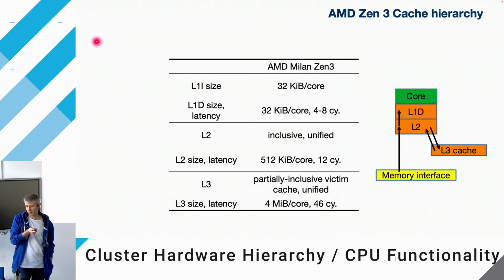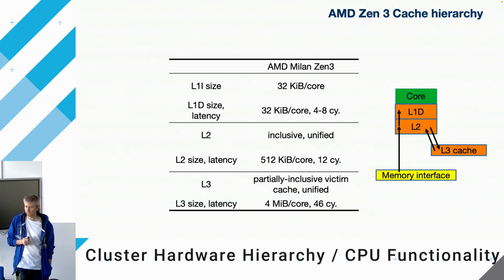And if we take a look at the sizes of the caches, the level 1 cache is closest to the core, is the smallest but also the fastest. So the latency is only up to 8 cycles. Then level 2 is 12 cycles, but it's larger with 512 kibibyte per core. And then we have the L3 cache that has 4 megabyte per core, but the latency is 46 cycles.